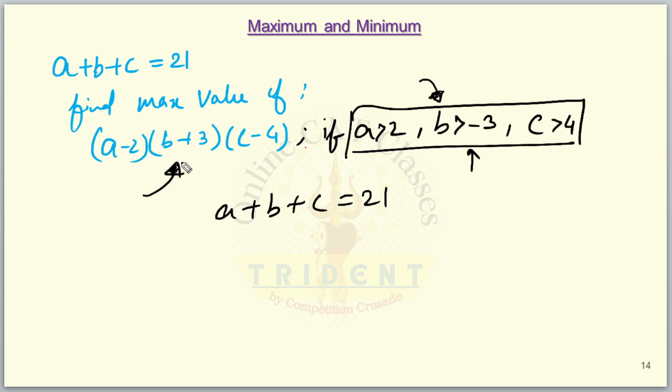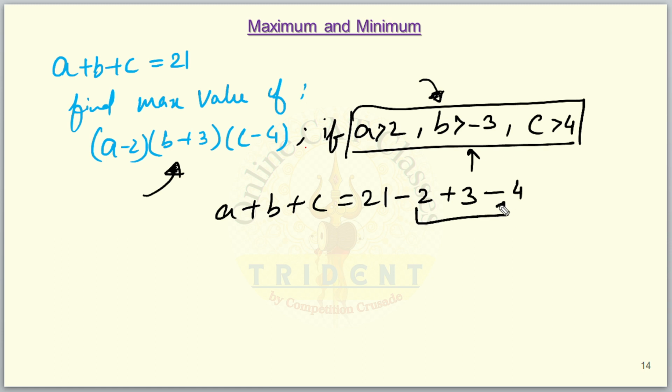Now A minus 2 is as good as subtracting 2 from 21. B plus 3 is as good as adding 3 to this number. So I'll add that number. And C minus 4 is as good as adding a minus 4 to this number. Okay. Now 21 minus 2 is 19.